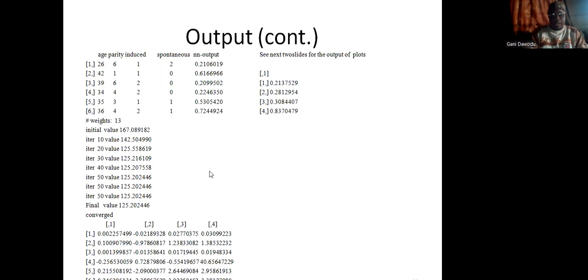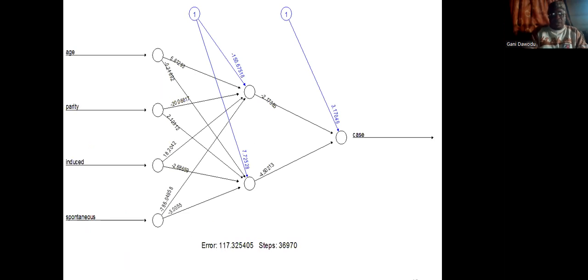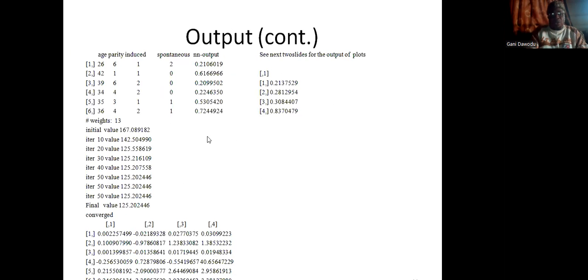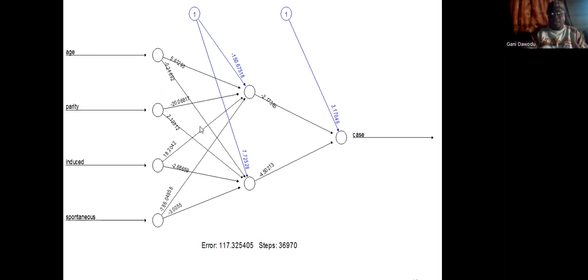It continues like that, with the weights generation, until you come to plot nn, which is the network itself. If you go back, you will see the cardinality of the weights is 13. Thirteen weights are generated, and if you count them, you will see they are up to 13.